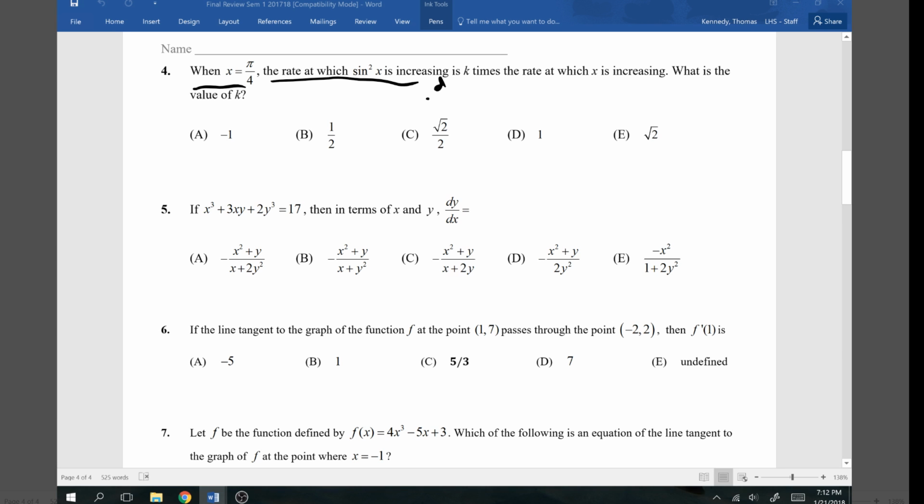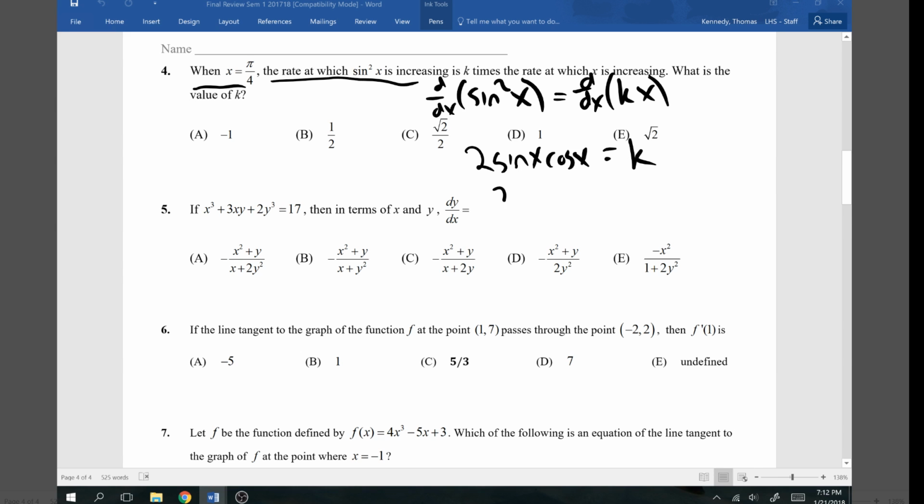So the derivative of sine squared of x is equal to the derivative of kx, and then it says solve for k. The derivative of kx is k, so all you do is take the derivative of sine squared x, you get 2 sine x cosine x, and you plug in pi over 4, and you get 2 times root 2 over 2 times root 2 over 2, which conveniently is 2 times 2 over 2 times 2, which is 1. And so that one's just 1.